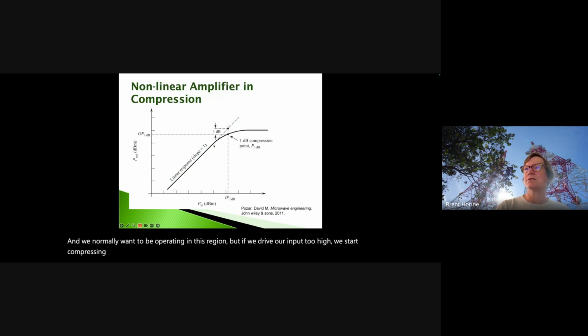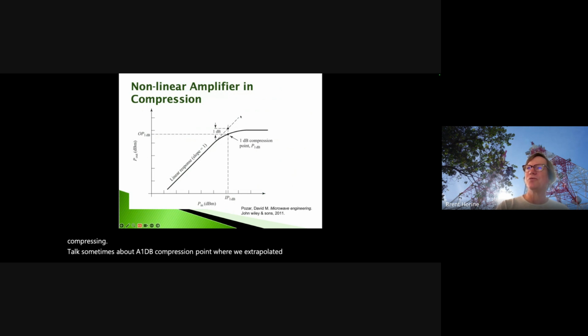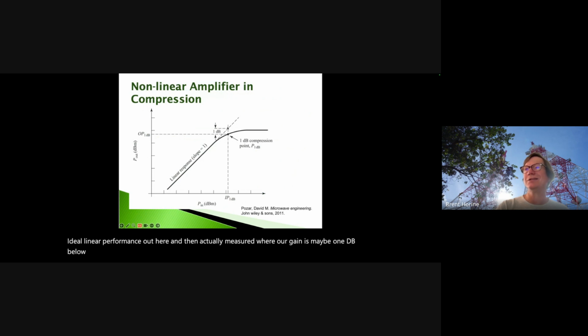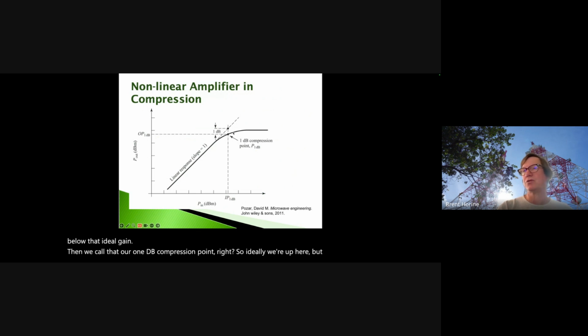We talk sometimes about a 1 dB compression point, where we extrapolate this ideal linear performance out here and then actually measure where our gain is maybe 1 dB below that ideal gain, then we call that our 1 dB compression point, right? So ideally we're up here, but because we're starting to saturate, we're starting to compress or ultimately saturate, then our gain is not as much, and where it's 1 dB down, that's this point.